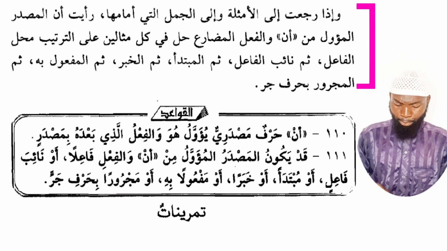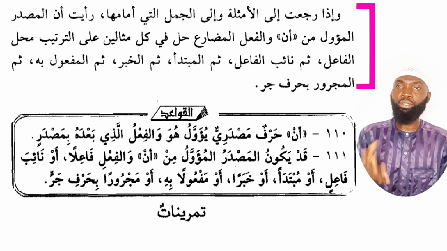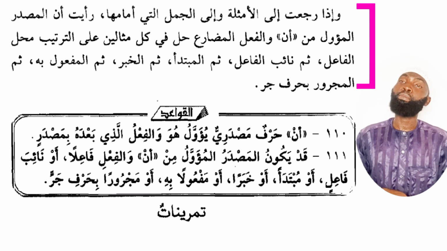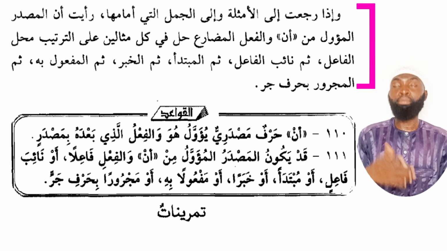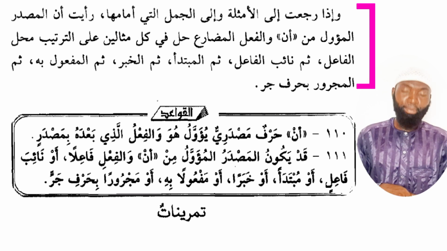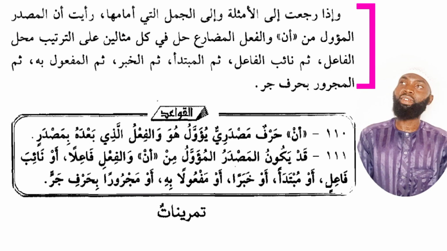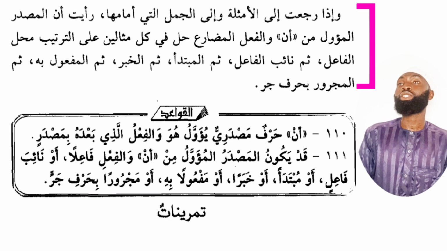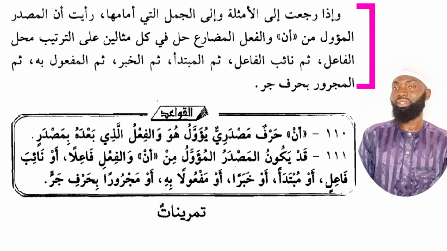While in the second two examples you see na'ib al-fa'il, the examples are given in form of agents of subjects. Then you have ثم المبتدا, the nominal noun, ثم الخبر, then khabar, ثم المفعول به, then object, ثم المجرور بحرف جر. Then afterwards you see that the masdar is coming after a harf jar.